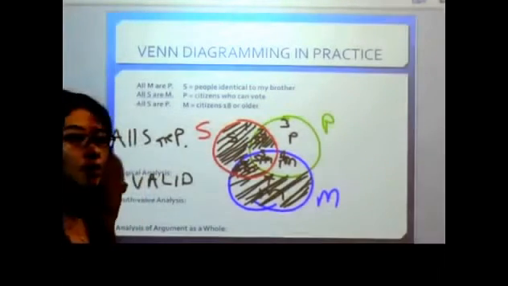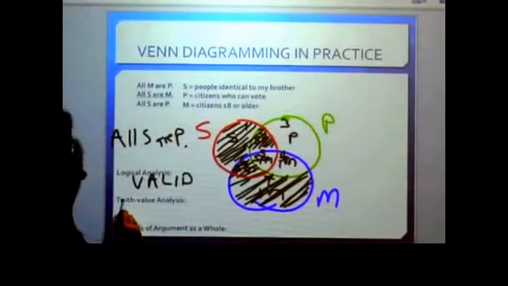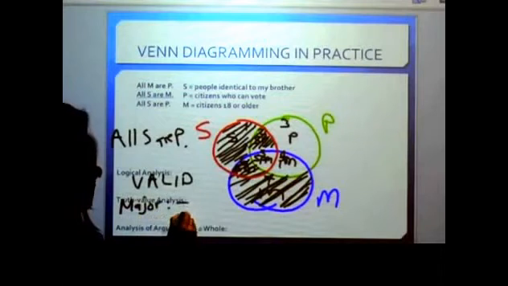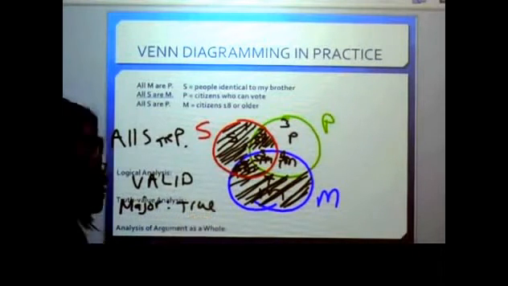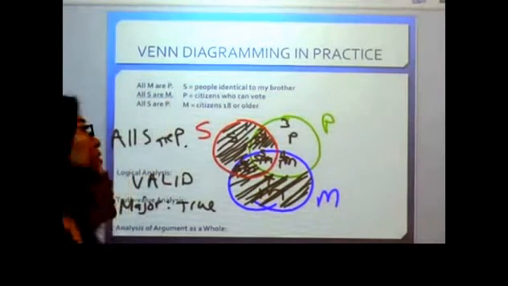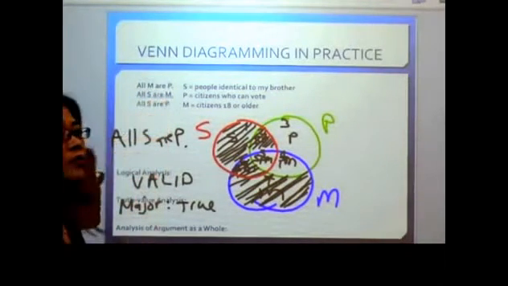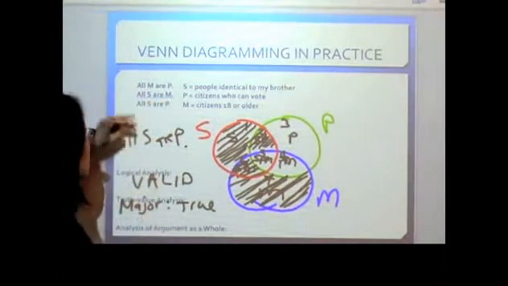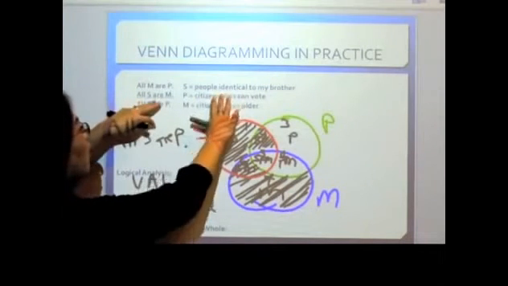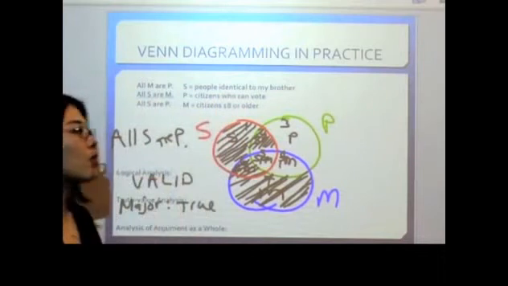And this is actually true. So our major premise is actually true. Now we want to ask, is our minor premise true? All S are M also represents the statement, all people identical to my brother are citizens 18 or older.